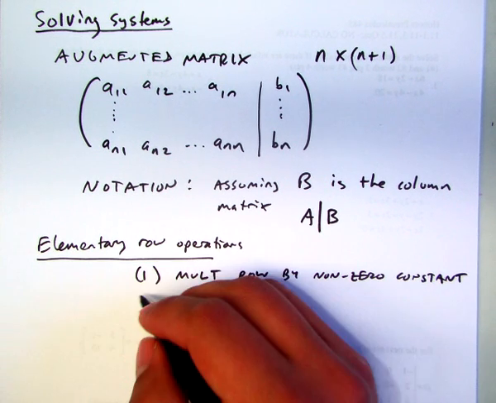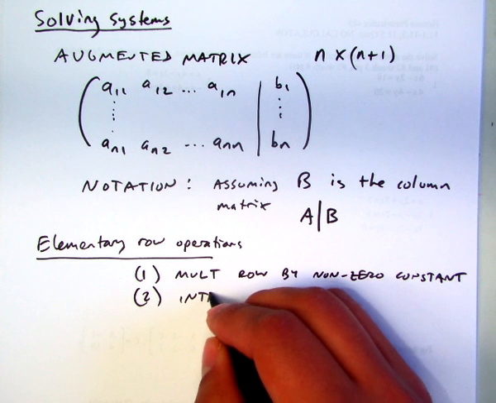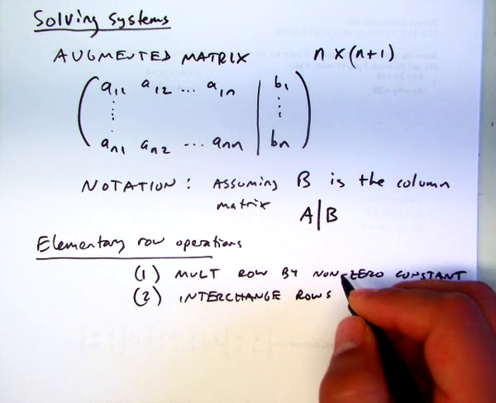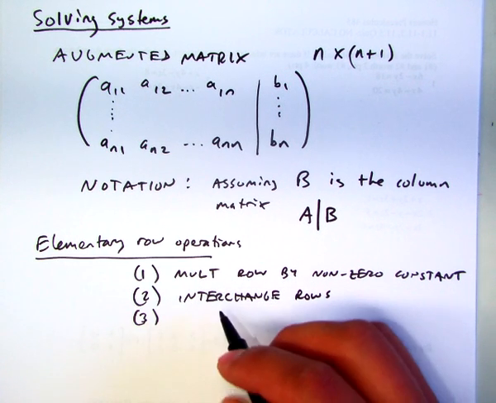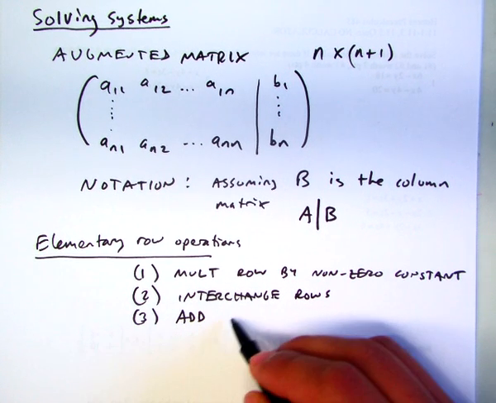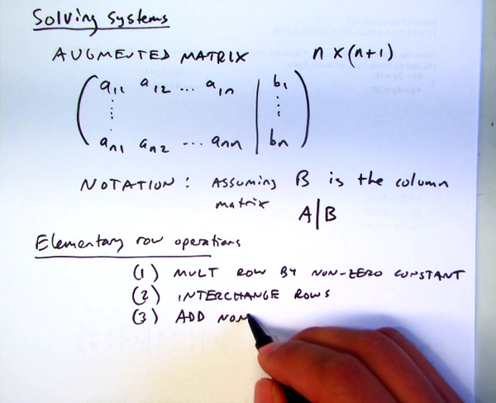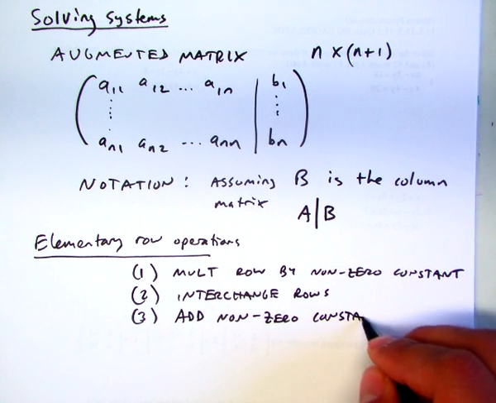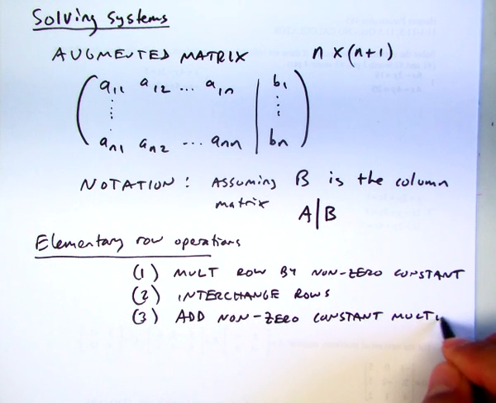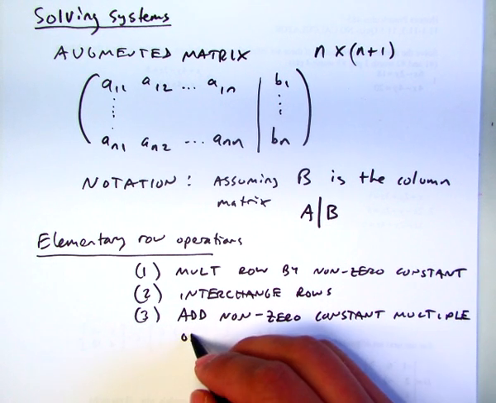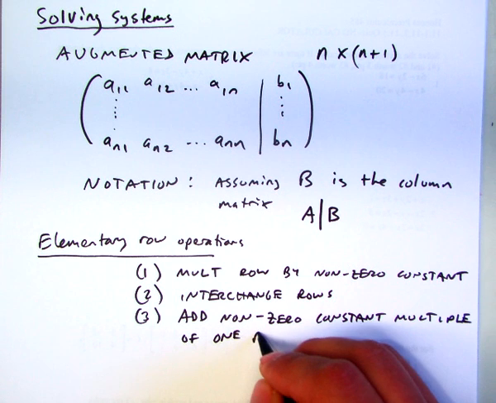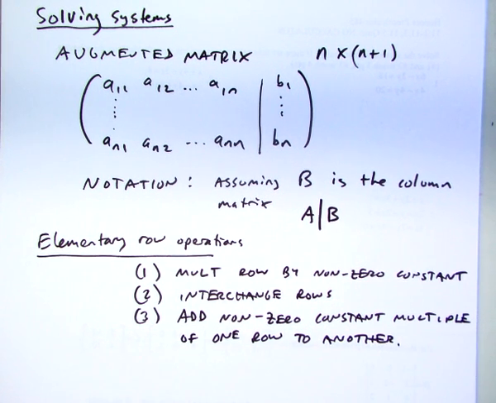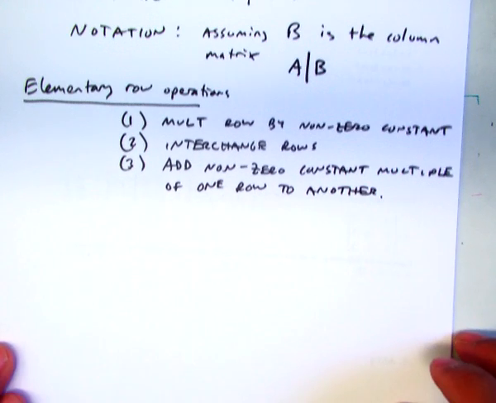You can swap or interchange rows. And the last thing you can do is add a non-zero constant multiple of one row to another. So these are the three things that you can do.